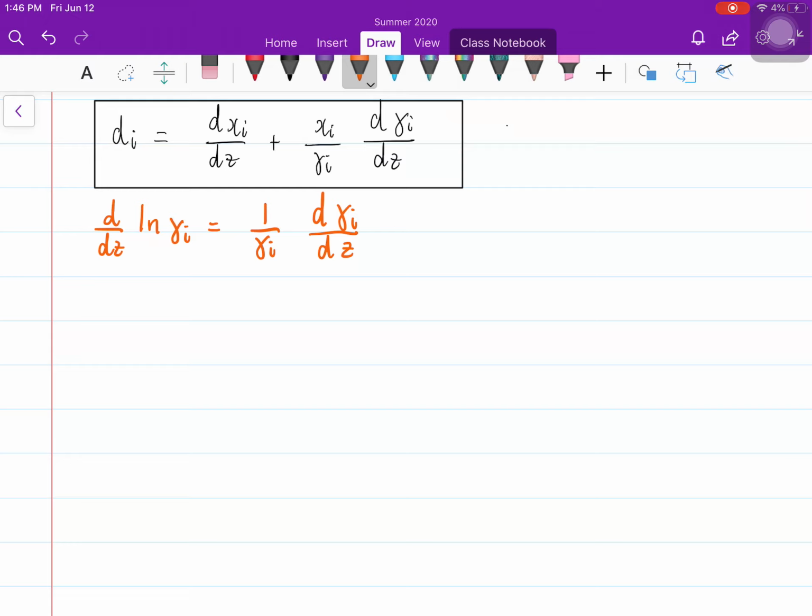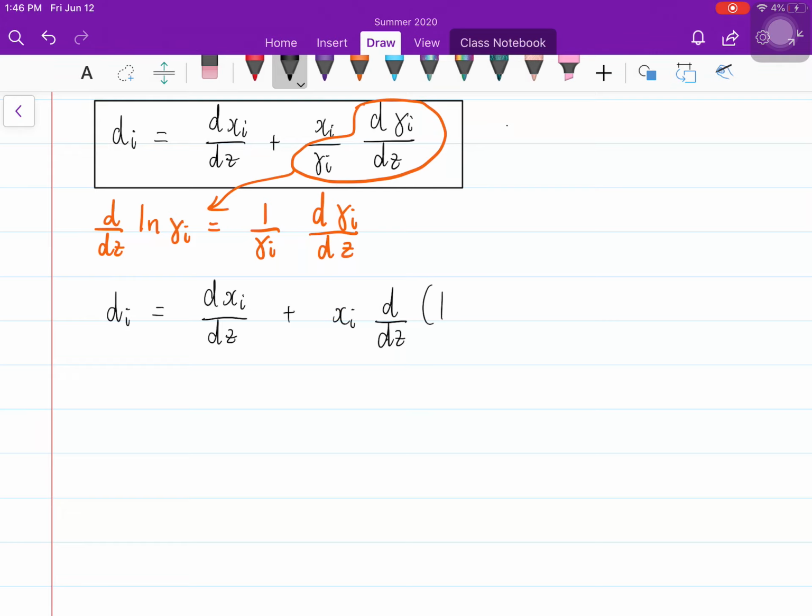So we basically have this equal to this. Therefore, we can rewrite the equation as d_i equal to dx_i over dz plus x_i times d over dz of ln gamma_i.